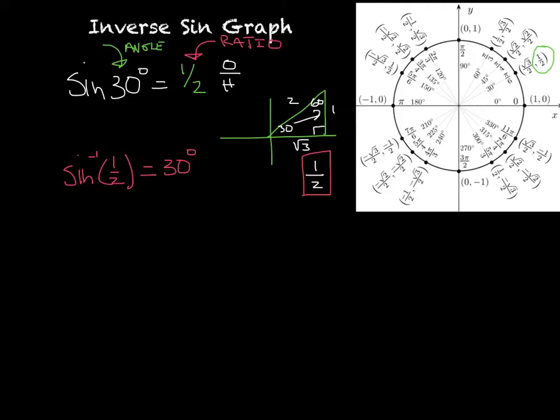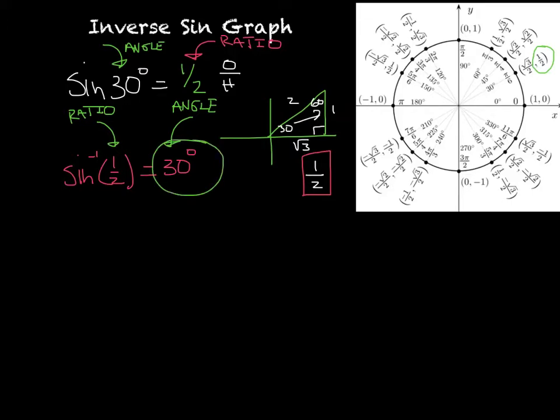In this example, with the inverse trig, now your input is a ratio and what you get back is an angle. So that is what you want to remember for inverse trig. You are getting an angle back. Your answer should always be an angle.